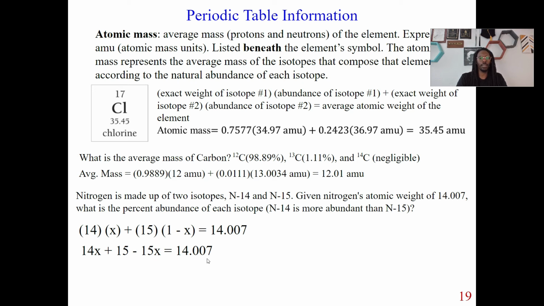In this case, you're going to get a positive number. Okay, you can do that. Or you can add your 15x over here, and then subtract your 14x over here. So now you have a positive x. And then you subtract your 14.007 from 15.